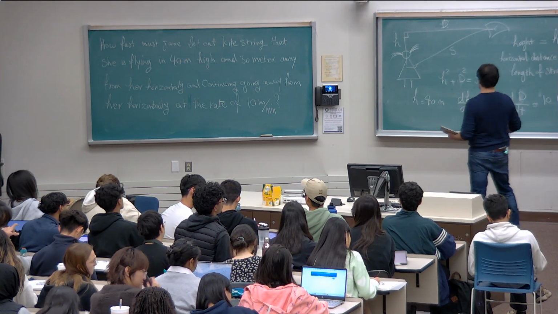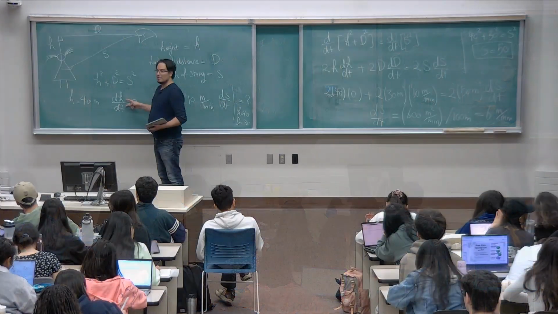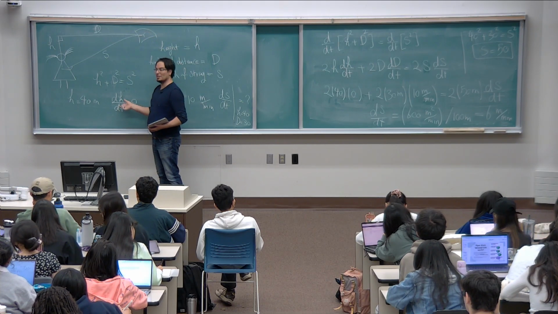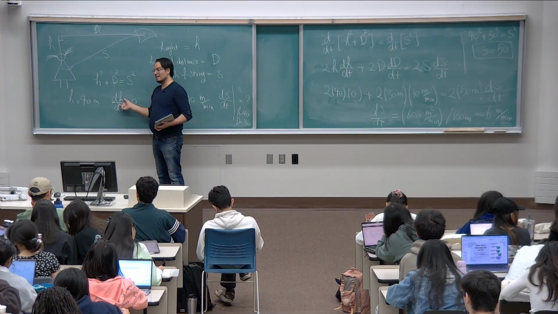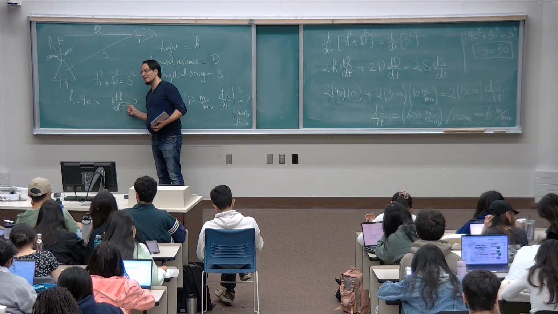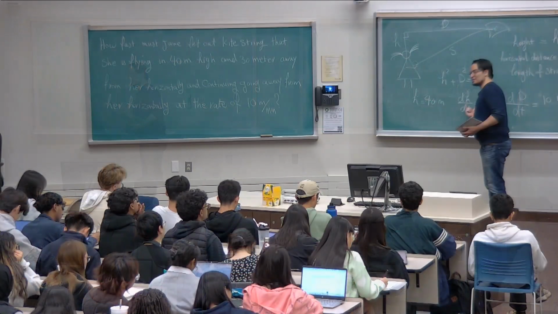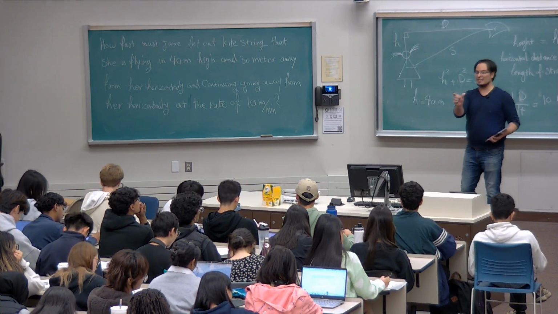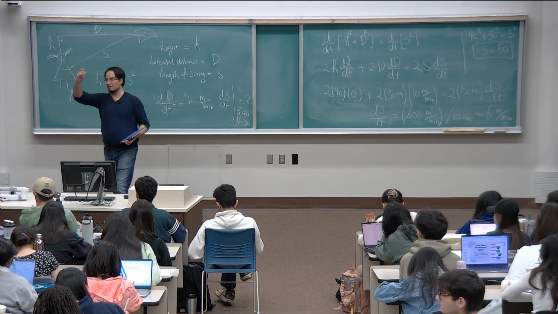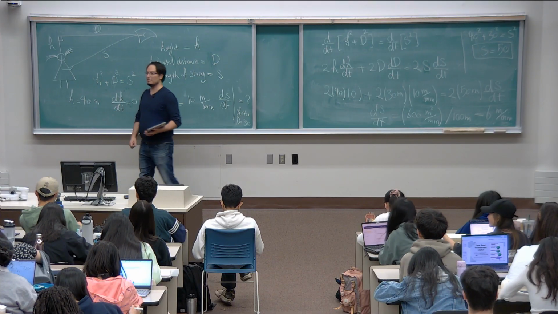Dh/dt over there? Oh, this one? The fact that the height stays the same, I can write in terms of the rate of change of height being equal to 0. So in words, this is replacing the fact that is written there: the height of the kite stays constant. That's what it means. Yeah?